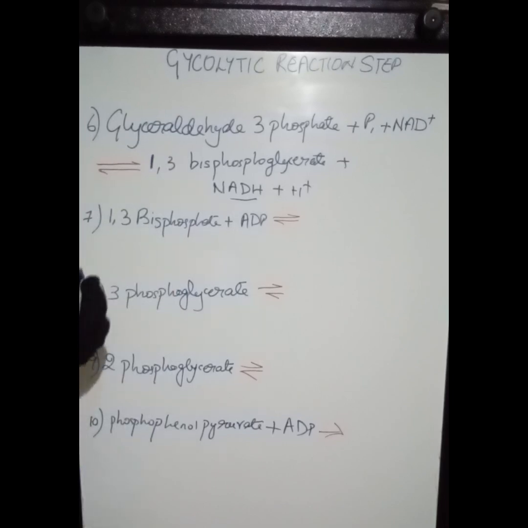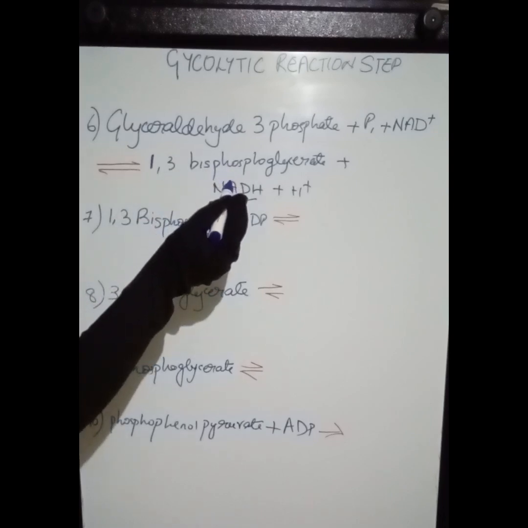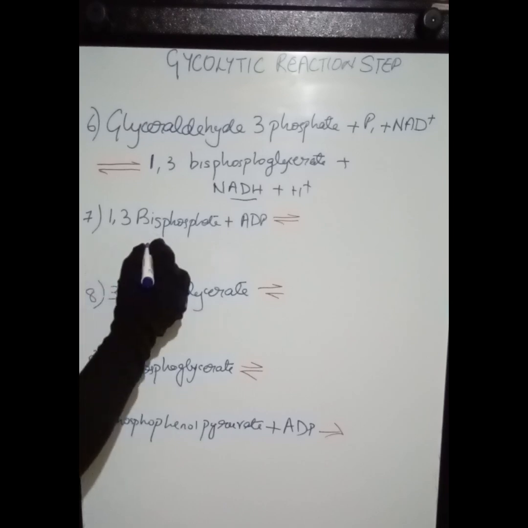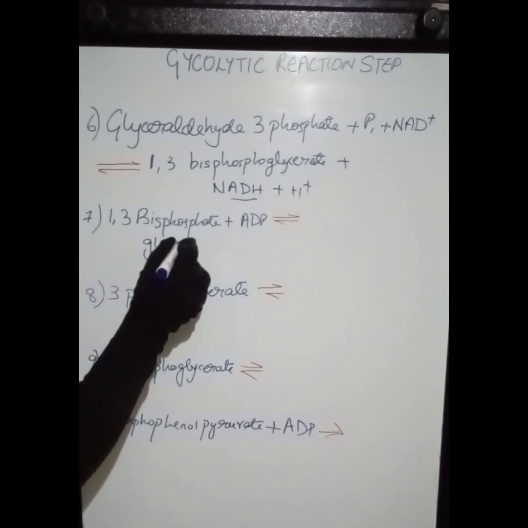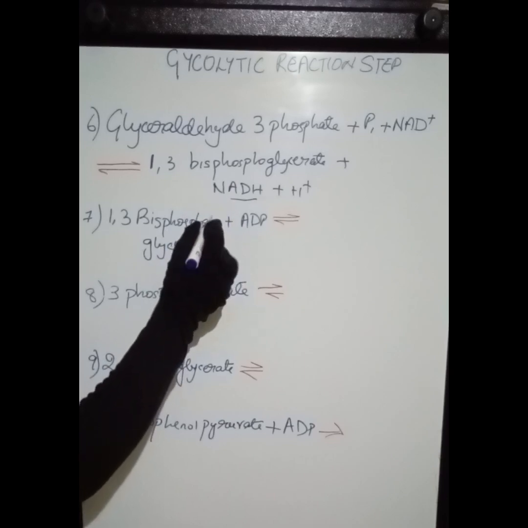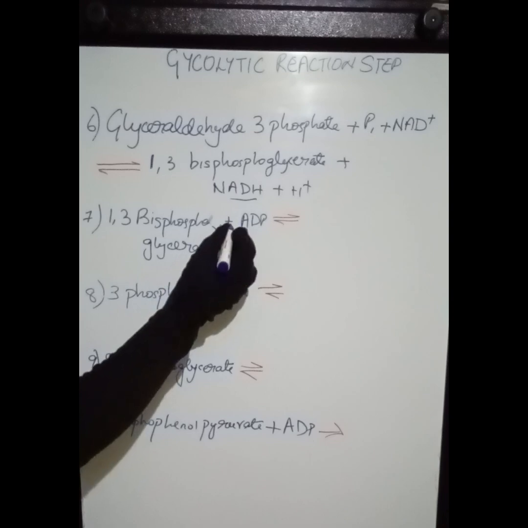Now the 7th step includes 1,3-bisphosphoglycerate plus your ADP molecule.